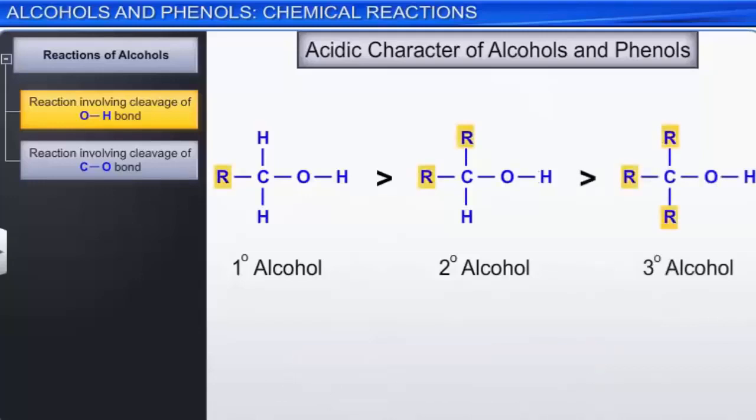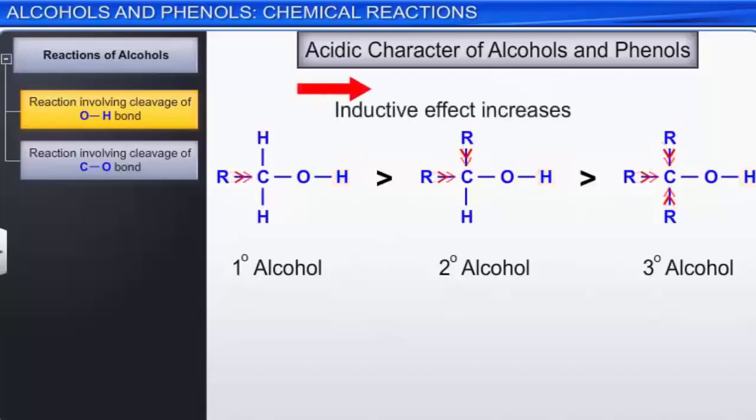The presence of alkyl groups in alcohols increases the electron density around oxygen by the inductive effect. As alkyl groups donate electron density to the oxygen, the oxygen-hydrogen bond becomes less polar. It then becomes difficult to remove an H+ ion from the alcohol. The inductive effect explains the relative acidities of alcohols.